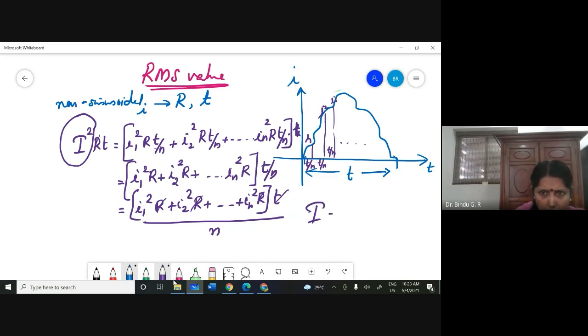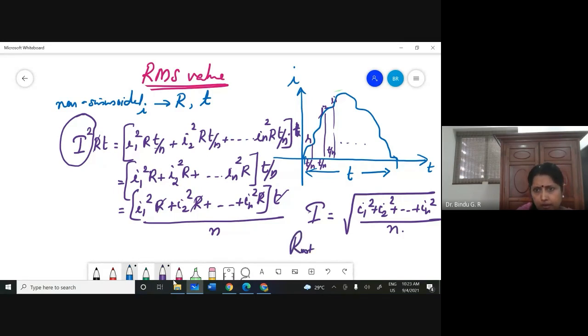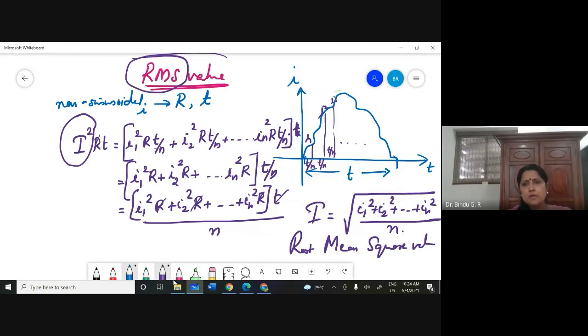I will be equal to the square root of I1 squared plus I2 squared plus etc. up to IN squared, by N. This is why it is called the root of the mean of the squares: root mean square value, or RMS value.